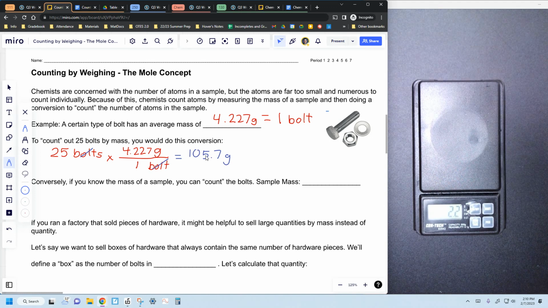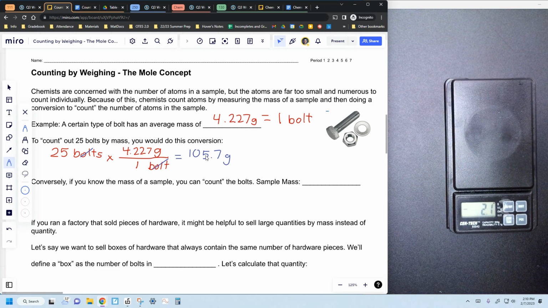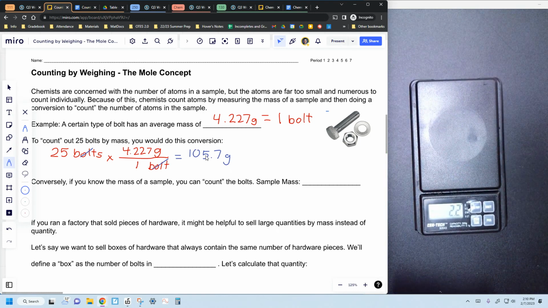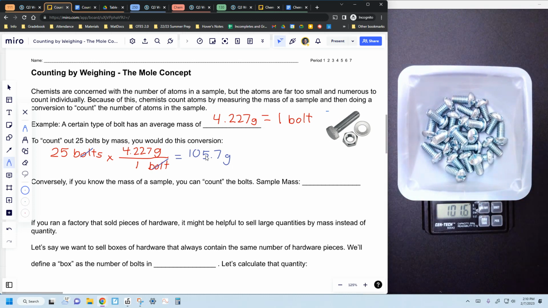All right, so again, you might not see it, but the scale is zeroed. It's reading a negative mass right now because I zeroed it with the dish on there. So it is already accounting for that. I think that's too close to our previous measurement. I think we need more.